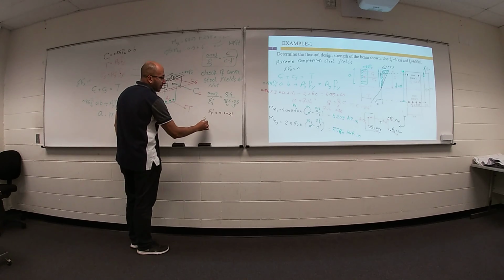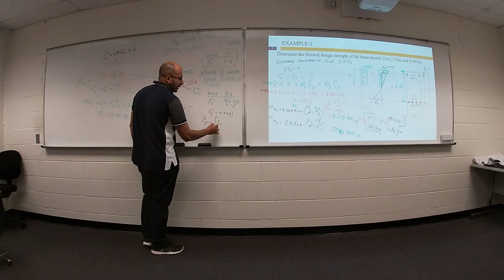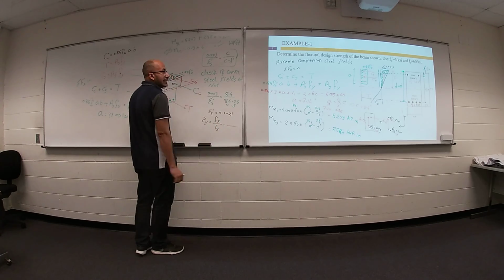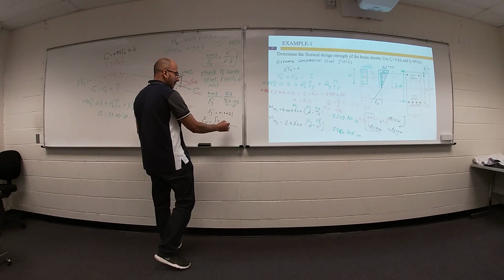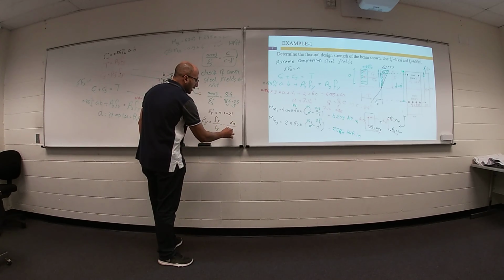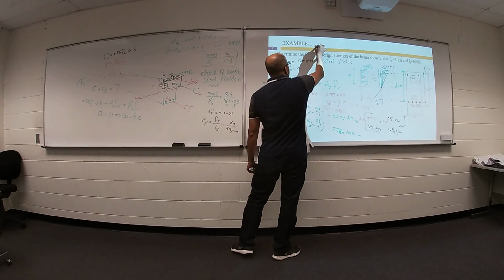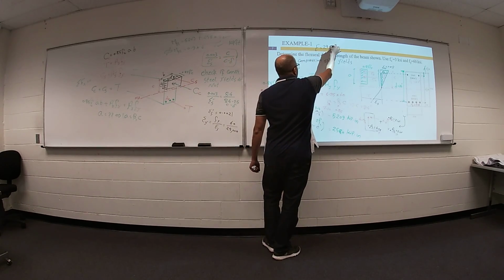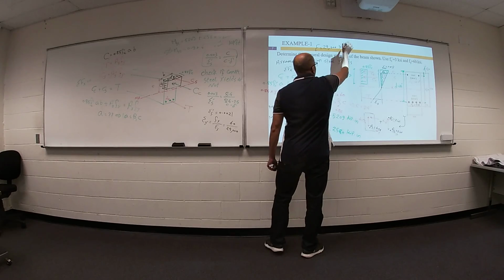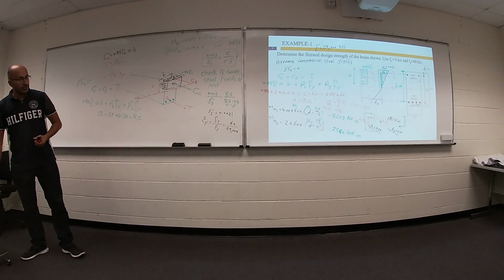What is the value of epsilon yield? Equal F yield divided by E steel. Yielding stress 60, E for steel 29,000. You need to keep this round number in your mind. E for steel 29,000 KSI. Can you divide 60 by 29,000?